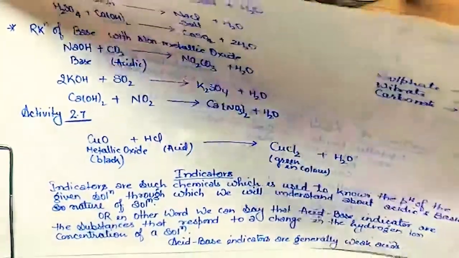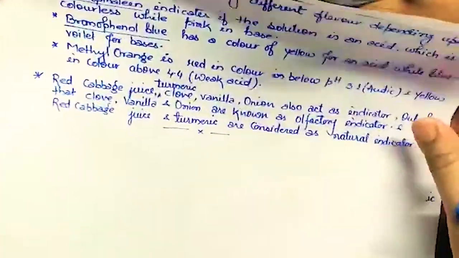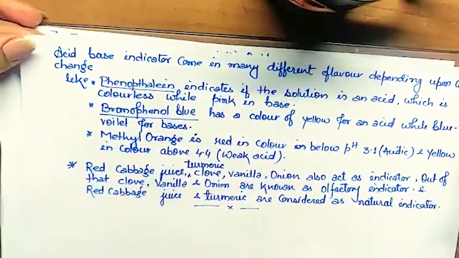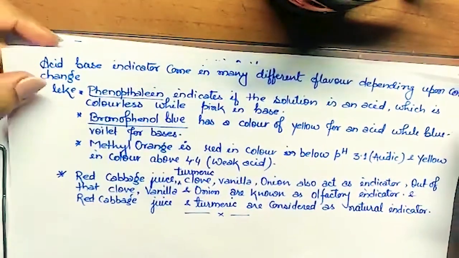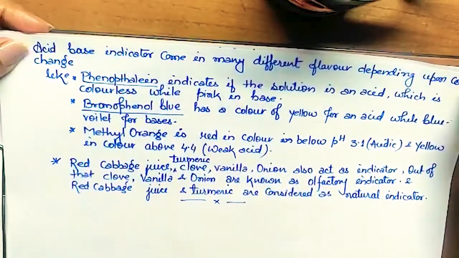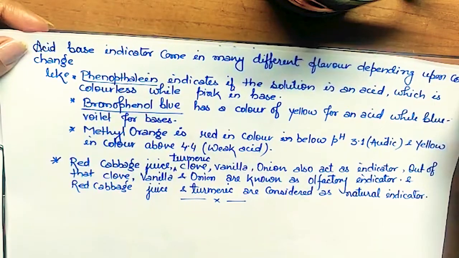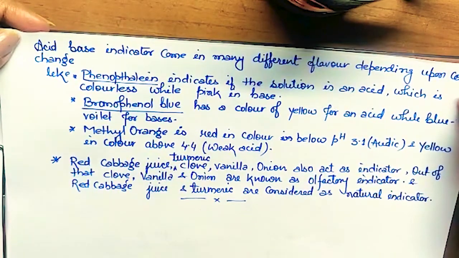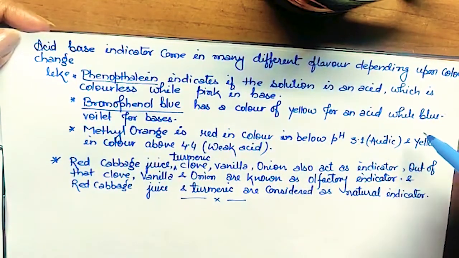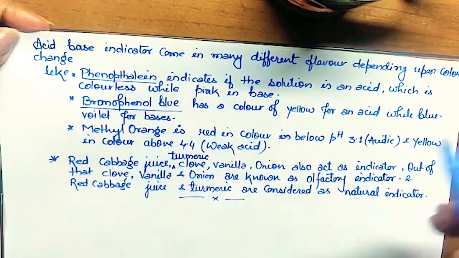Acid-base indicators are generally weak acids. Acid-base indicators come in many different flavors depending upon the color change. Phenolphthalein is colorless in acid, while pink in base. Bromophenol blue is another indicator that is yellow in acid, while blue violet in base.